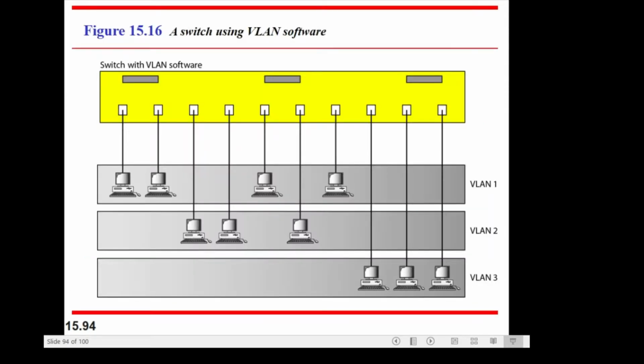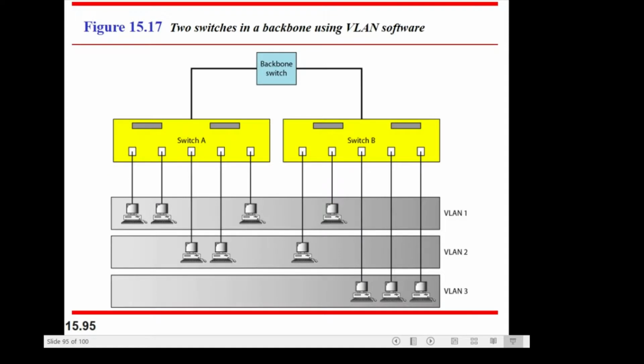Okay, this one is another part. We have a switch with the VLAN software, and we have VLAN 1, VLAN 2, VLAN 3. So it is easy for us to assign or configure this PC to belong to VLAN 1, and easy for us to change this PC to another VLAN 2 or VLAN 3, because the process is done using the software remotely.